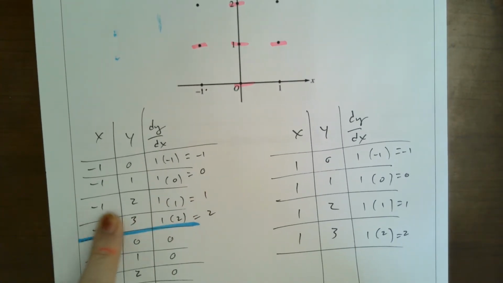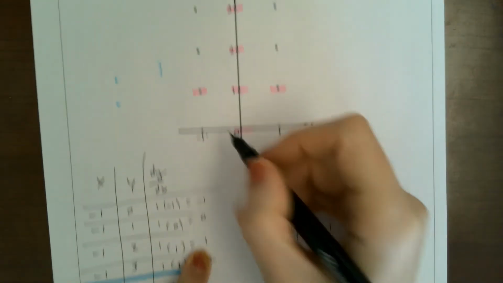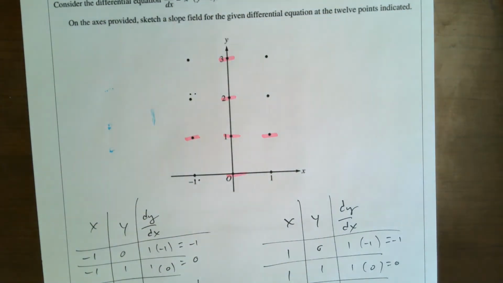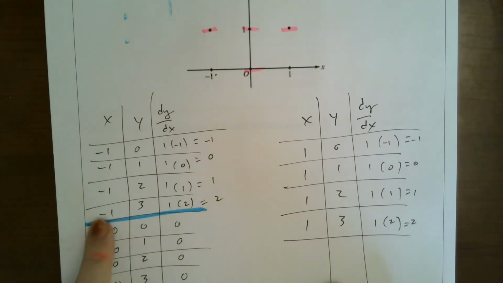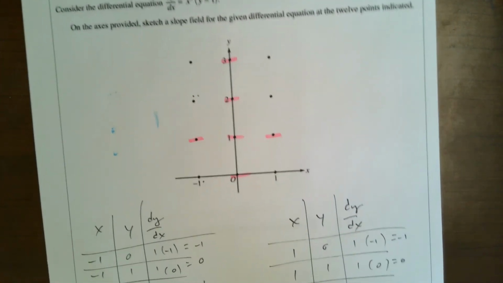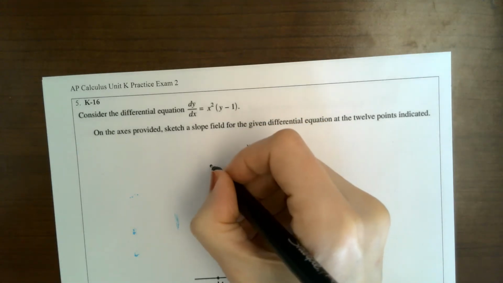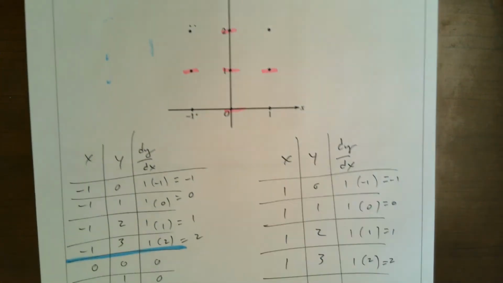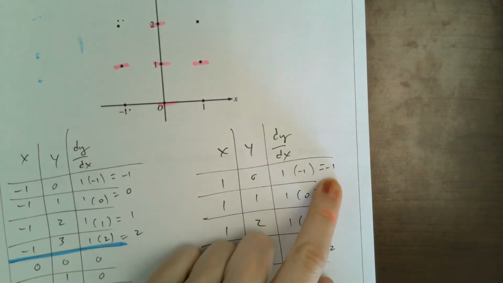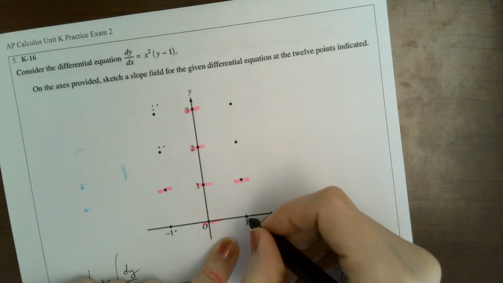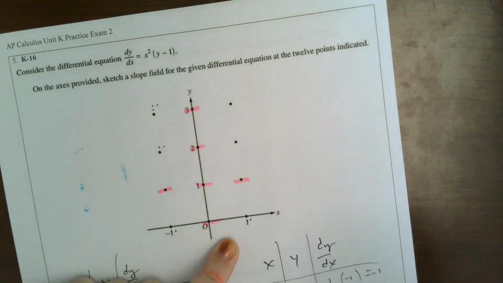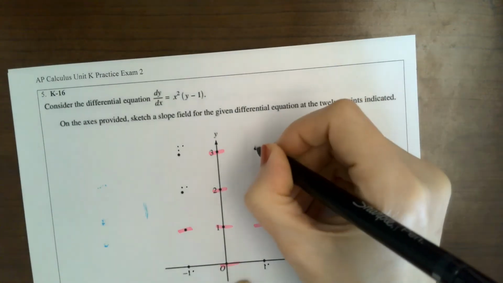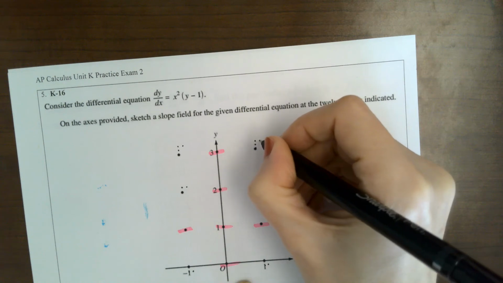At (-1, 2), I've got a slope of 1. So I'm going to go up 1, right 1. Okay, so that'll help me draw that little slope. This one has a slope of 2. So I'm going to go up 2, right 1. Okay. Now, I'm actually kind of repeating it. So -1 here, so down 1, right 1; 0, 1, up 1, right 1; 2, up 2, right 1.